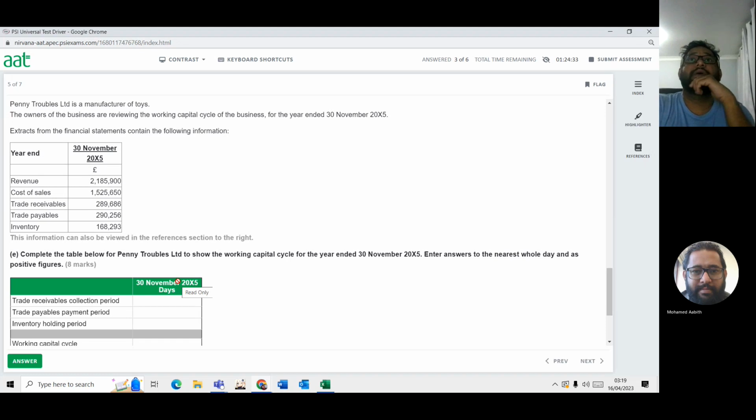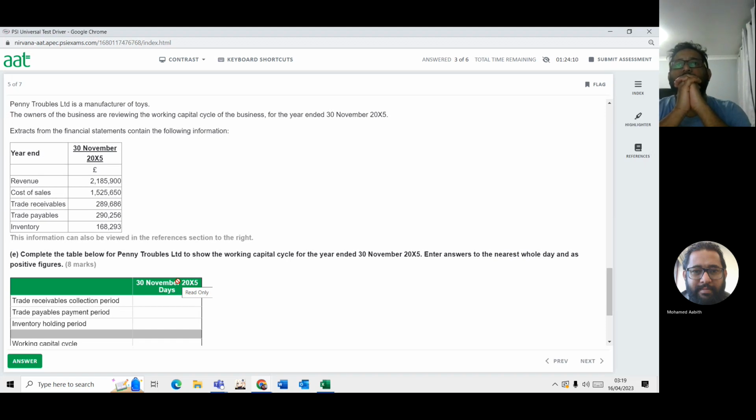Now let's look at the last one here. Penny Troubles Limited is a manufacturer of toys. The owners of the business are reviewing the working capital cycle of the business for the year ended 30th of November 2015. Extract from the financial statements contains the following information: revenue, cost of sales, trade payables, trade receivables.